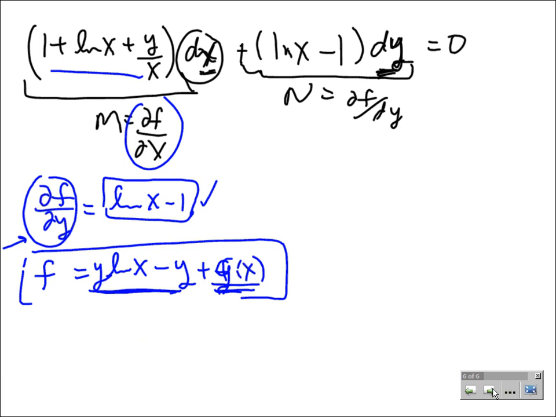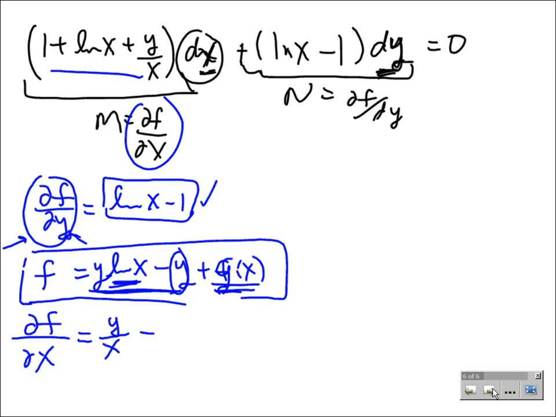Now what do you do next? Well, since you took the partial with respect to y of f, now I'll take the partial of f with respect to x. y is a constant. The derivative of ln of x is 1 over x, minus y is a constant, its derivative is 0, plus the function of x, its derivative is g prime of x.